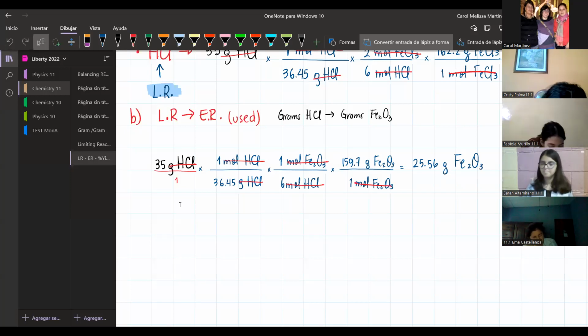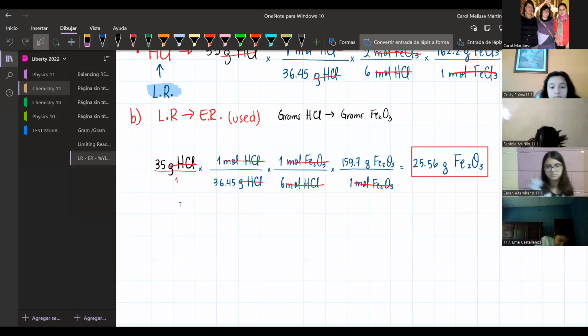Okay, what is this? As I told you earlier, this is all the grams that were used up in the reaction. This is the used amount. So how do I get the leftover? Very simple.